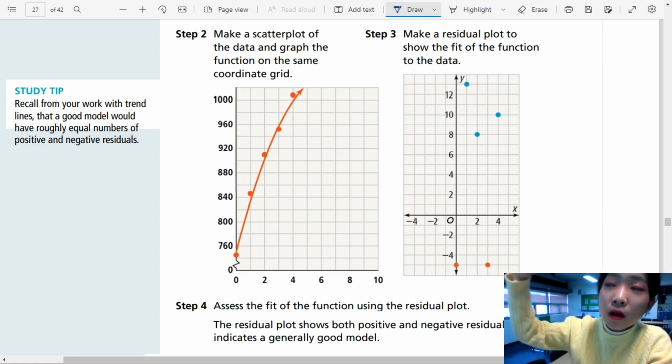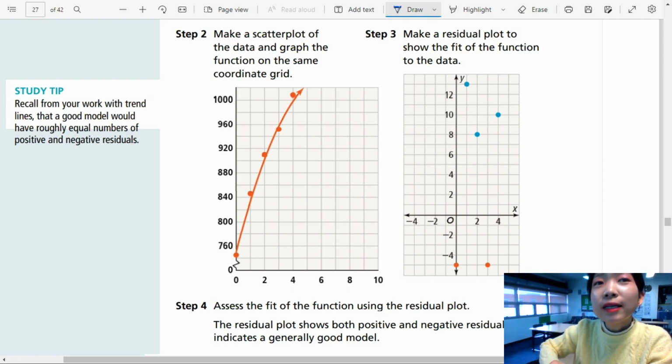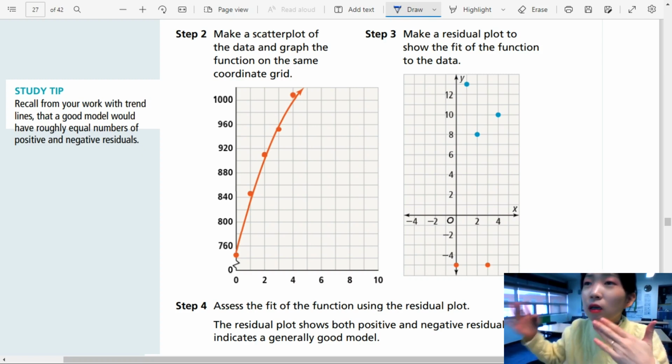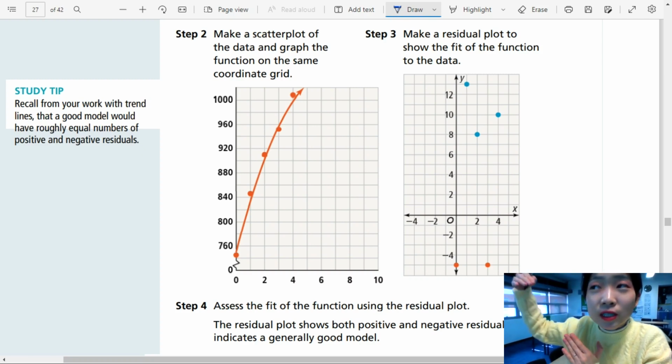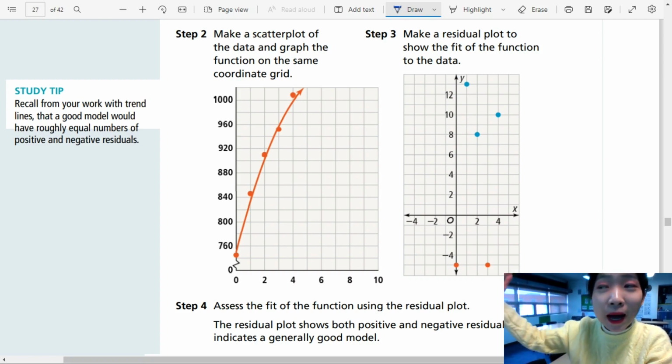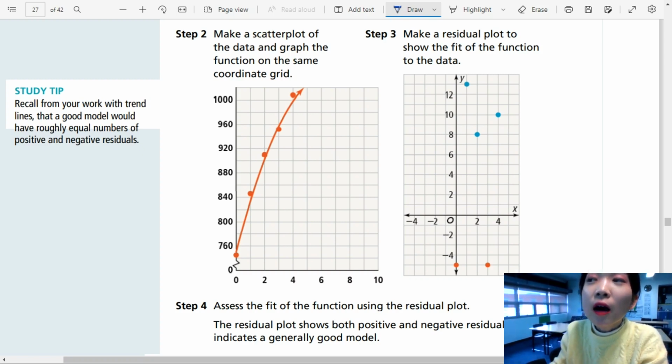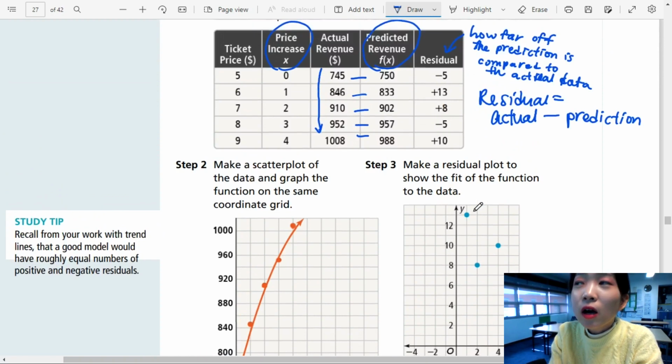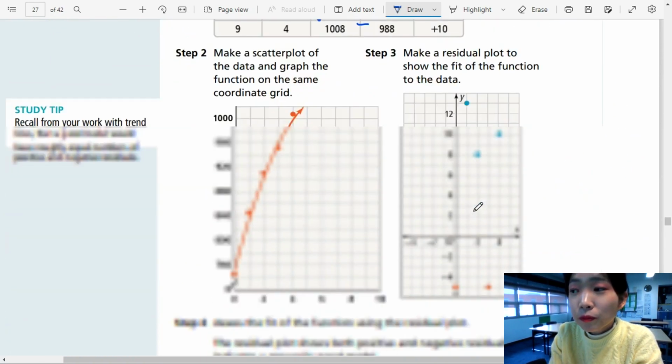But if it has both positive and negative residuals, it means the actual data were off from our predictions, but our prediction kind of averages it and shows the pattern. The actual data shows a pattern similar to our function, so then we can say it's generally a good model.